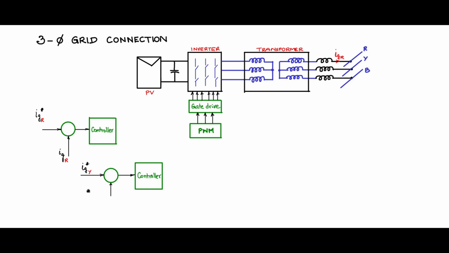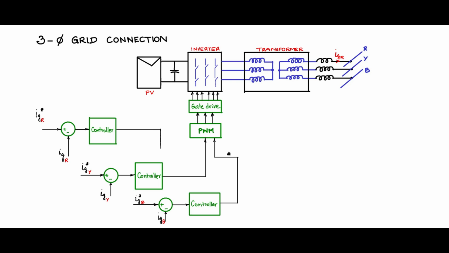Now in this case it is IGY, and the feedback value of IGY from here, and output of the comparator given to the controller. And the third phase, IGB, that has a reference, feedback value, and output given to the controller. Outputs of the controller we will give to the PWM block. So let us say each of the controllers we will give to the PWM block in this fashion.